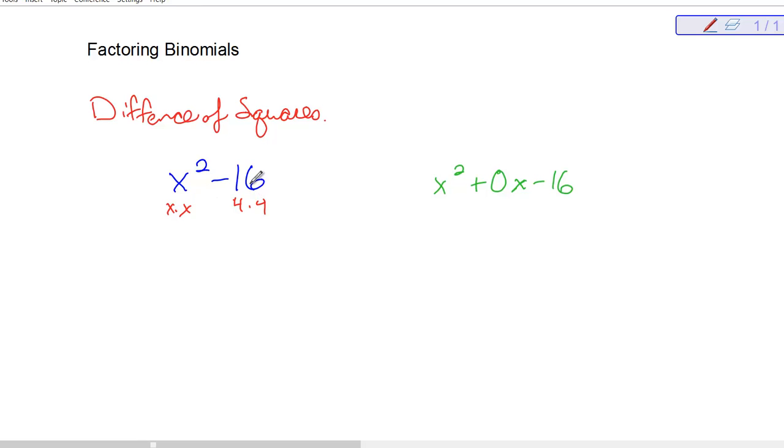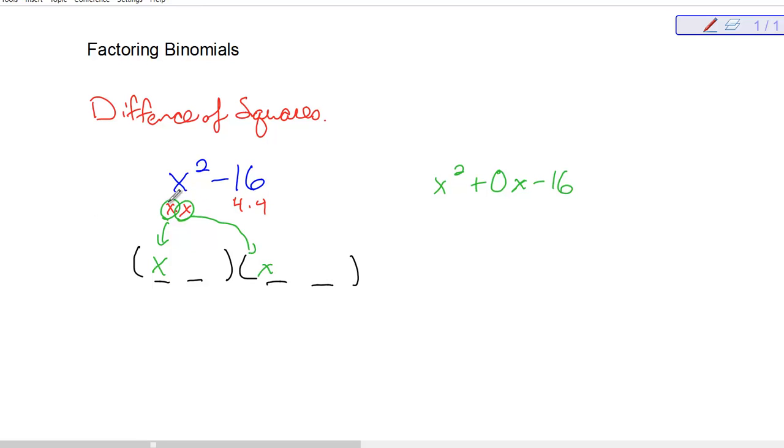So what's going to happen whenever we factor these, and it's very important to notice that it's a subtraction here, we're going to have 2 blanks, and the first x is going to go in the first blank, and the second x is going to go in the first blank.